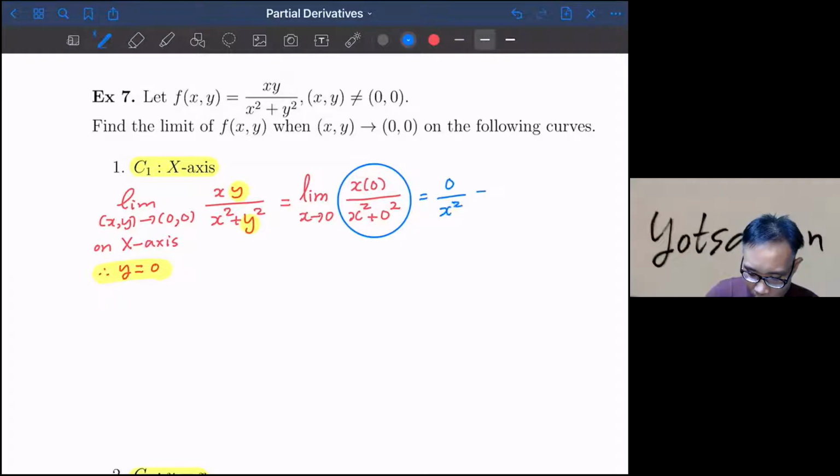This becomes 0 without taking any limit in x. So this is equal to 0 over x squared, and this becomes 0 before taking the limit.